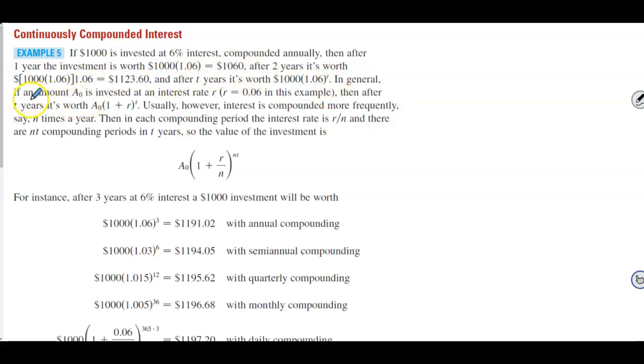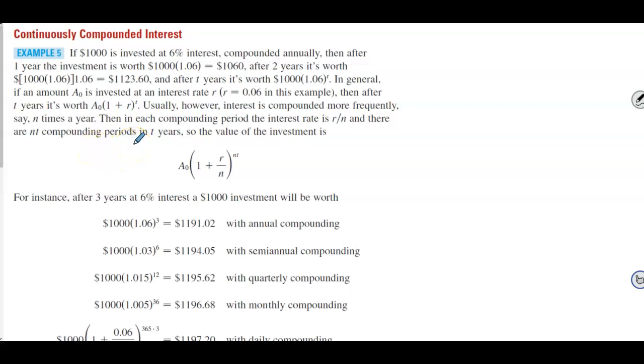Now, in general, if an initial amount is invested at an interest rate R, for example in this case R is 6%, which is 0.06, then after t years it's worth the initial amount times 1 plus R to the power of t. Usually, however, interest is compounded more frequently, say n times a year.